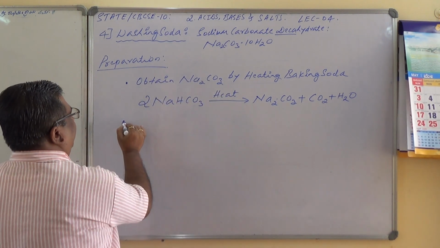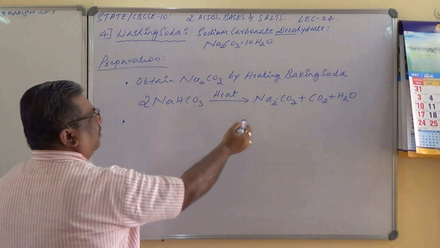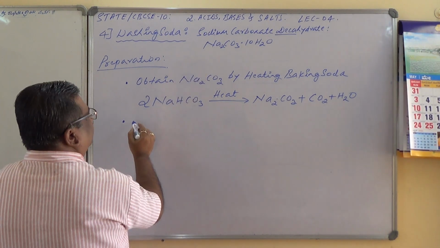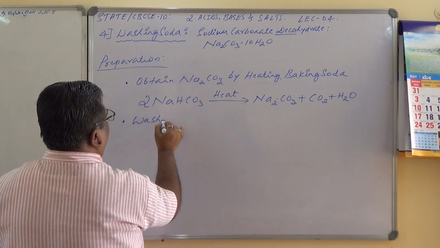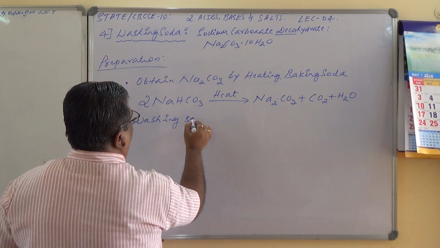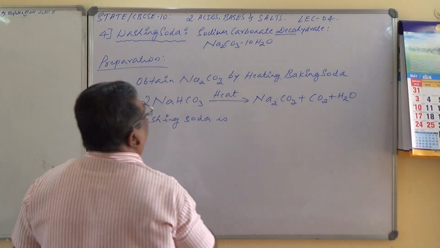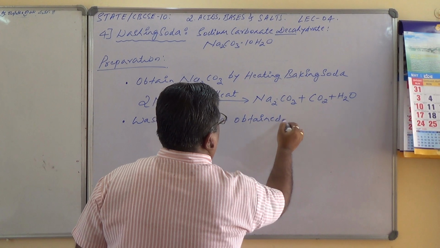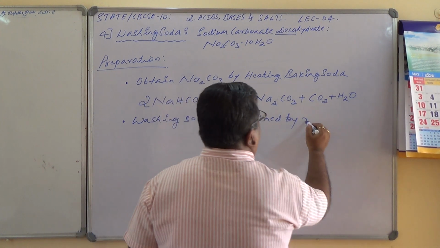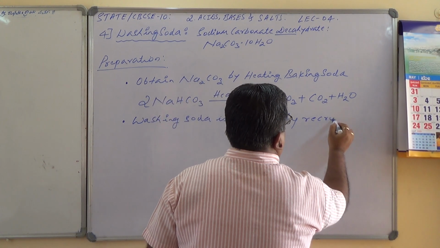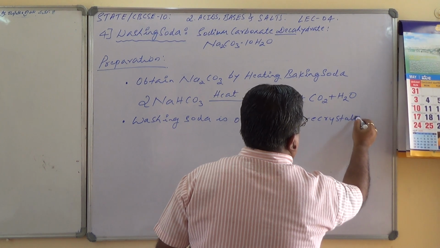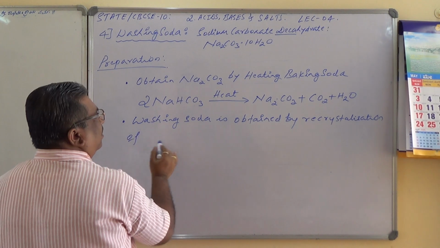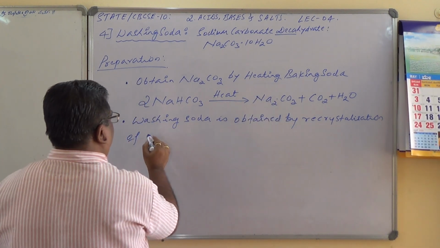Now the second step is recrystallization of sodium carbonate to obtain washing soda. Washing soda is obtained by recrystallization of, what is that? Sodium carbonate.